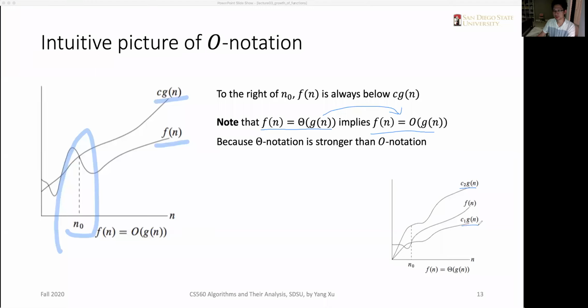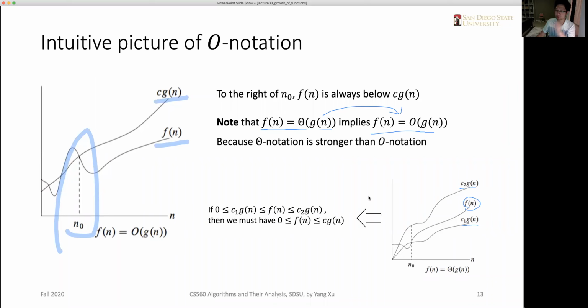As long as this relationship is valid, it must be true that f of n is smaller than c times g of n. So this is a very interesting relationship between big theta and big O notation.